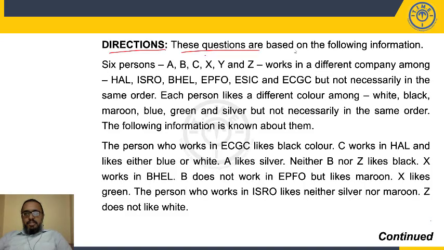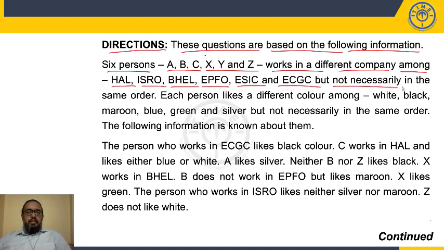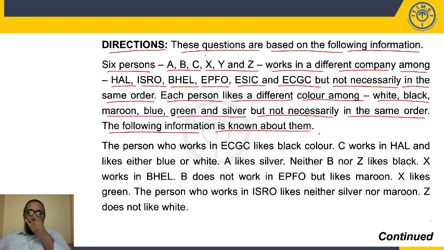Directions. These questions are based on the following information. 6 persons A, B, C, X, Y and Z work in a different company among HAL, ISRO, BHEL, EPFO, ESIC and ECGC, but not necessarily in the same order. Each person likes a different color among white, black, maroon, blue, green and silver, but not necessarily in the same order. The following information is known about them.